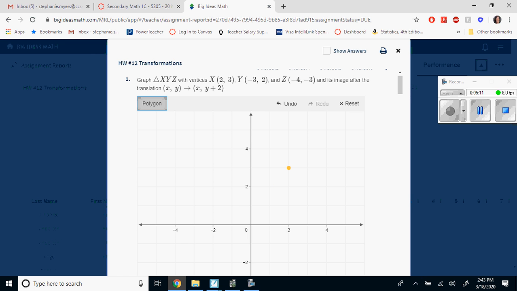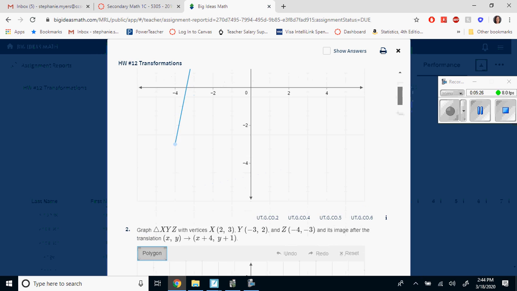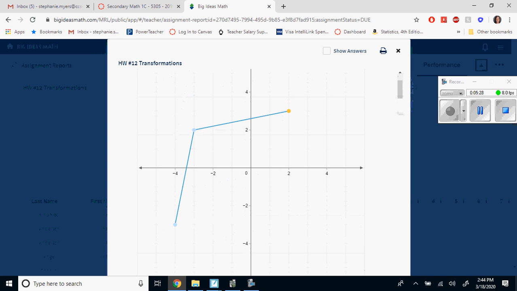Second point is left 3, up 2. And it magically draws a line for us. And then the third point is (-4, -3). So I'm going to go left 4, down 3. And that, again, connects for us. To connect it back to the starting point, I just touch that starting point and it draws the triangle.